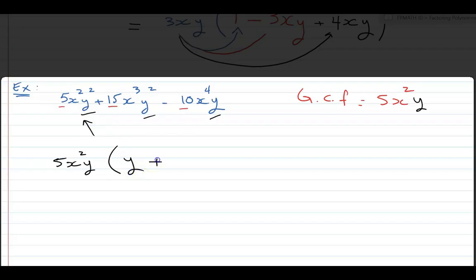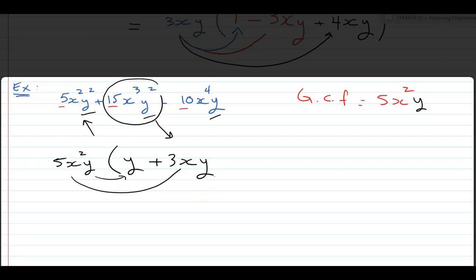Great, plus. Next, what do we have to multiply 5x squared y by to get the second term back? That is 3x and y, because 3 times 5 gives you 15, x squared times x gives you x cubed, and y times y is y squared.